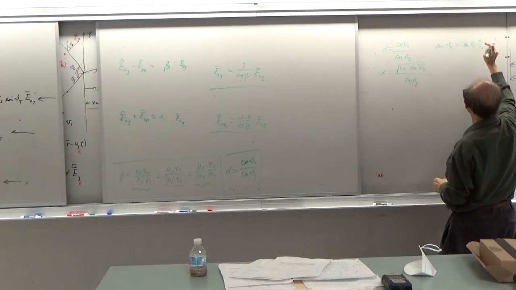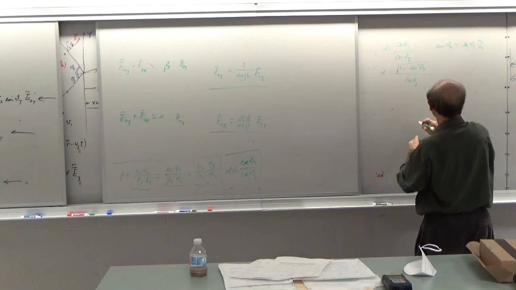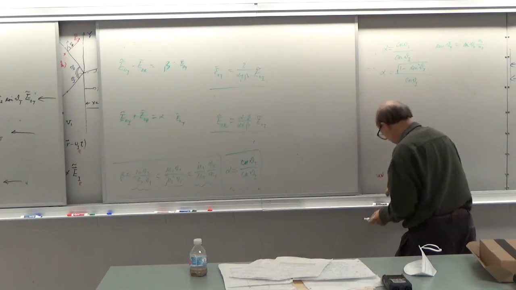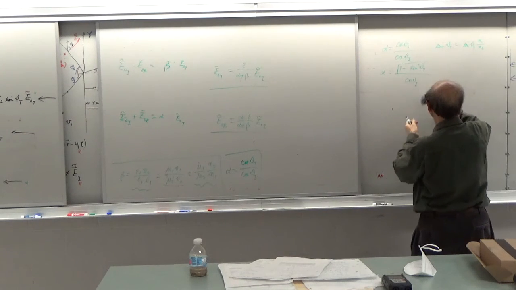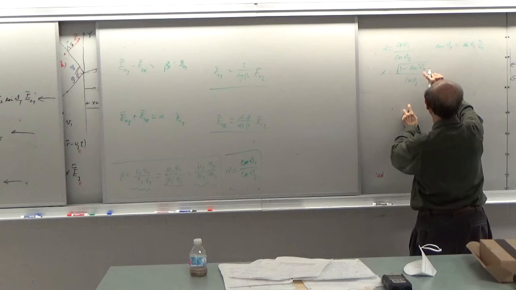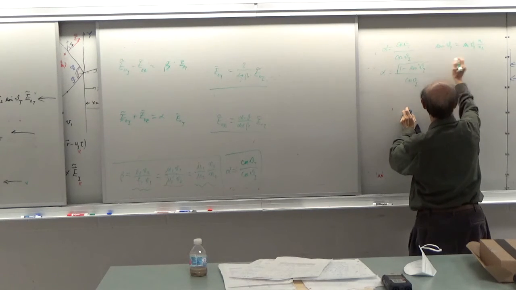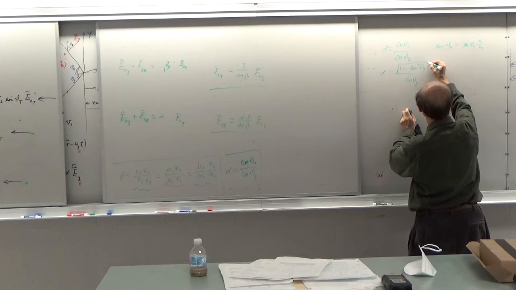That's right. So I can change that to sine squared theta I times n1 over n2 squared.